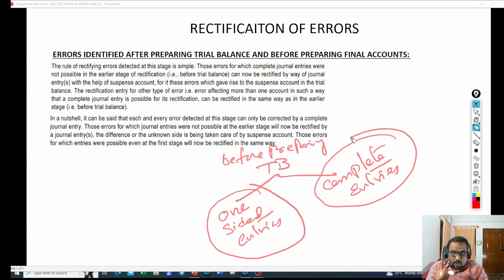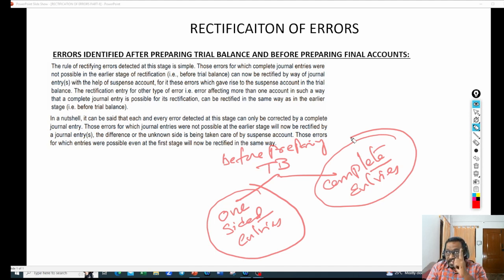So why are one-sided entries prepared in the first stage? The first reason is those errors have impact only on one side, one account, because of which one-sided entries are posted.